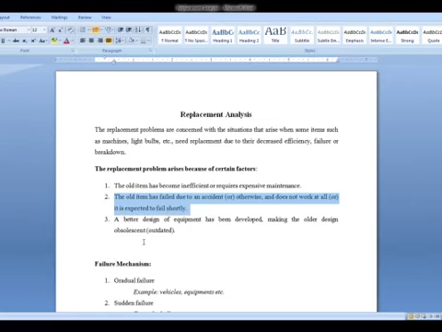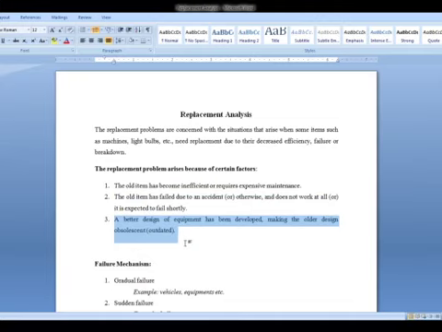At that time you will do replacement. The third point can be a better design or equipment has come into the market, making the older design obsolete or outdated. So these are the factors because of which you actually do the replacement.